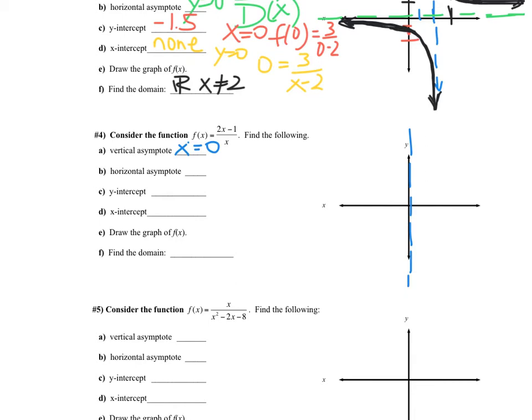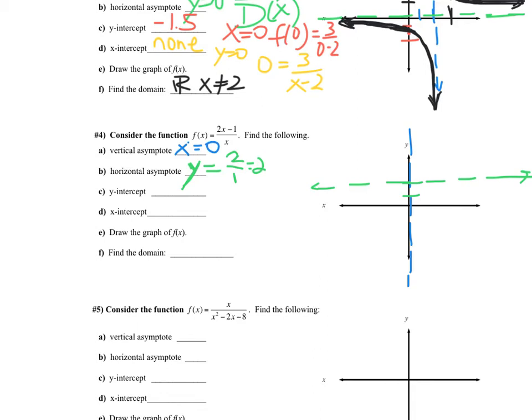The horizontal asymptote is going to be y equals, and in this case the degrees are equal. The degree of the numerator is 1, the degree of the denominator is also 1, so we get leading coefficient over leading coefficient, which is y equals 2. So there's our horizontal asymptote.